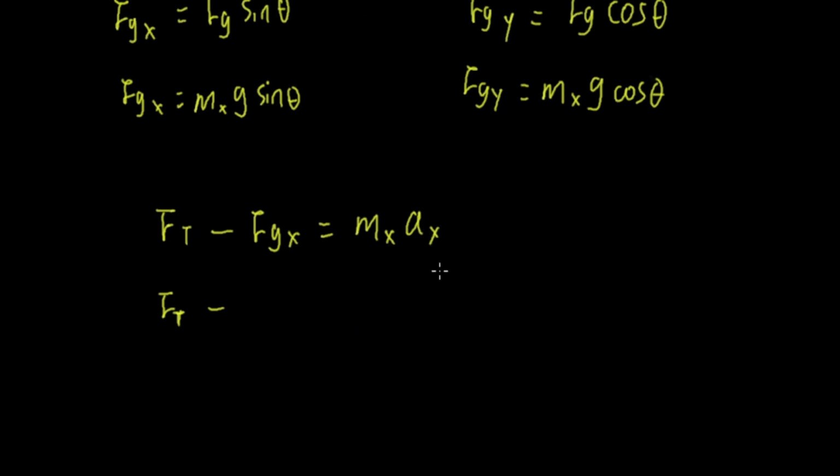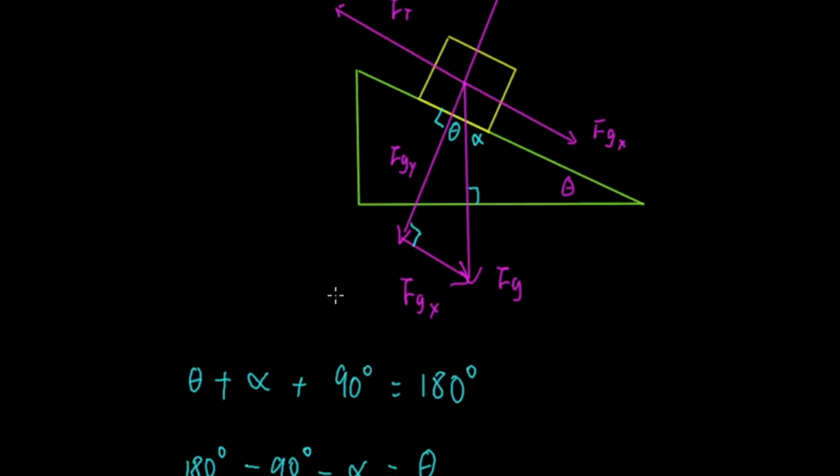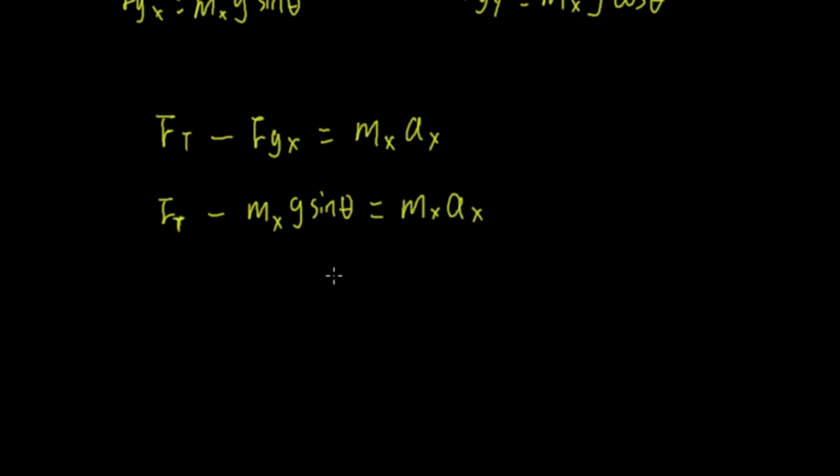So this one would be tension minus m sub x g sine theta is equal to m sub x times the acceleration in the x direction. Okay, now this is the equation of the net force in the x direction acting on block x. Now, let's look at block y.